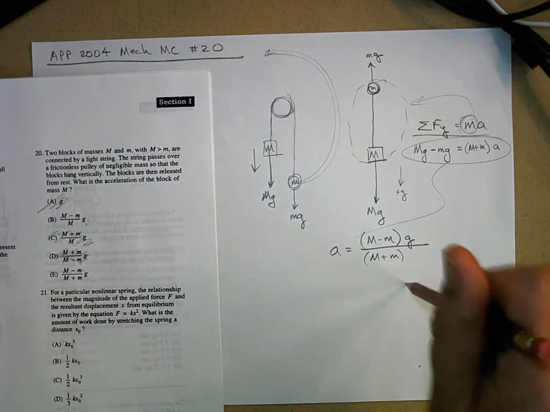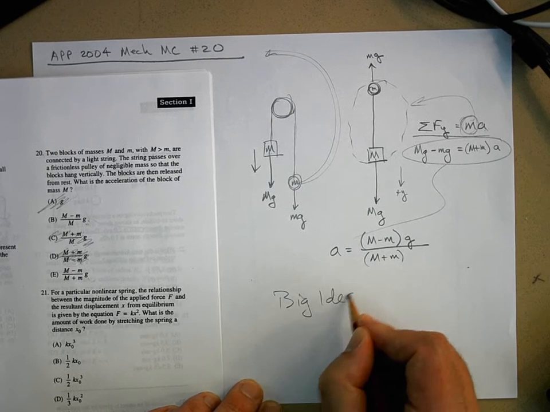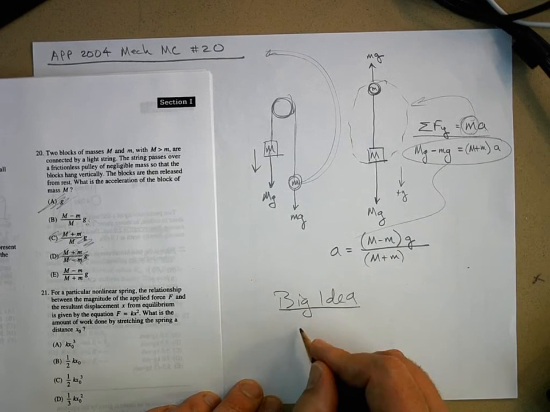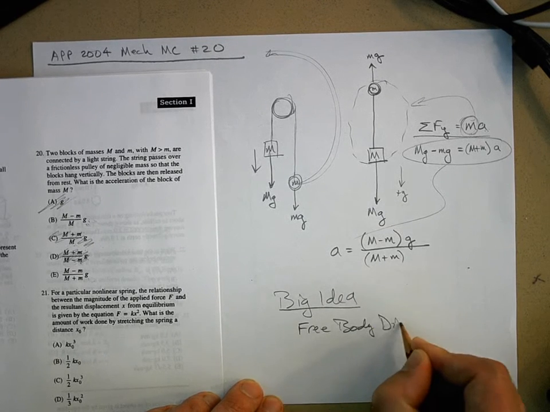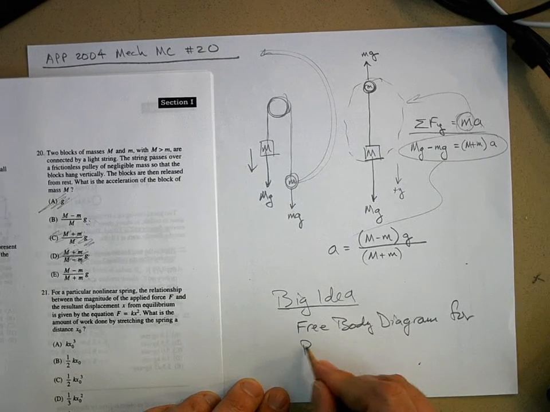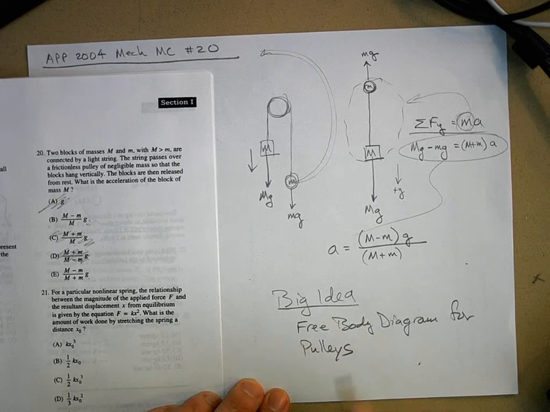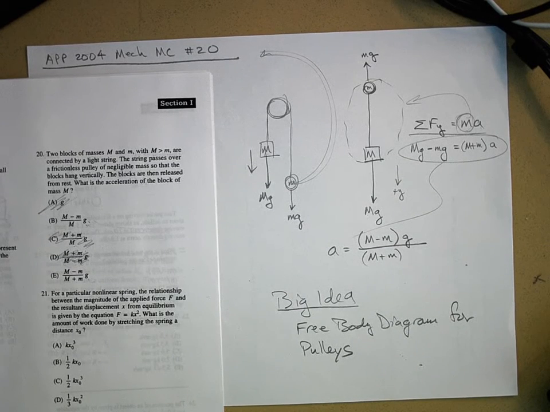Big idea for this problem? Well, make sure you can draw a free body diagram for pulleys. When you have a fixed pulley, you can straighten out the free body diagram and turn it into one thing.